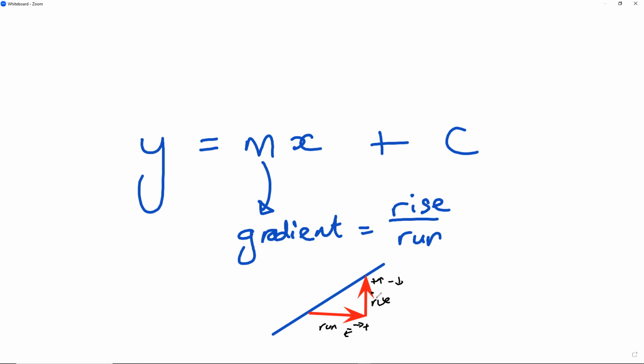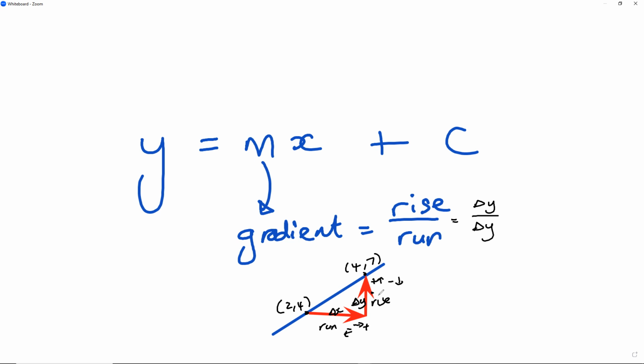Either way, if we take this value, which is normally your change in y, and this is your change in x, we then substitute it in here. So this would be your change in y over your change in x. And that would give a number, which is your gradient. For example, let's say I got 2 and 4, and I got 4 and 7.